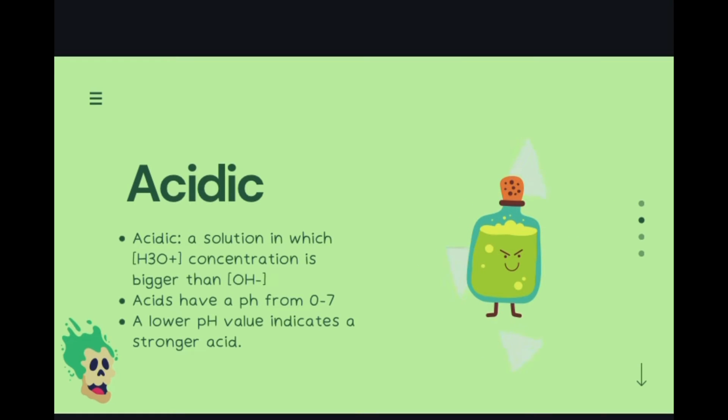Acidic: an acidic solution is one in which the H3O concentration is bigger than the OH concentration. Acids have a pH from 0 to 7, and 7 is a neutral substance. A lower pH value indicates a stronger acid.